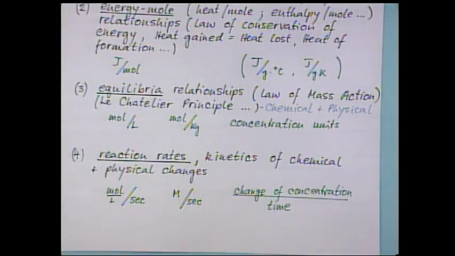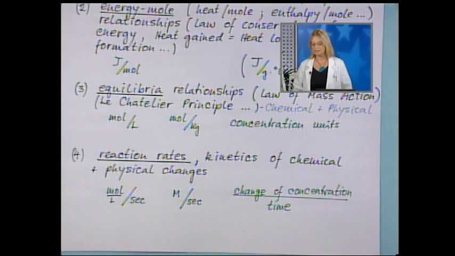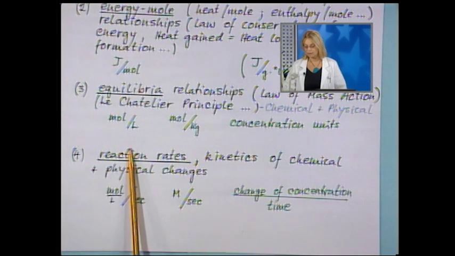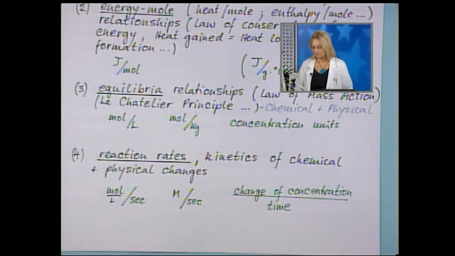Here we relate mostly moles to liter or moles to kilogram. That means we're dealing a lot with concentration units, which are always symbolized by brackets around the particular chemical involved or ion involved, etc.